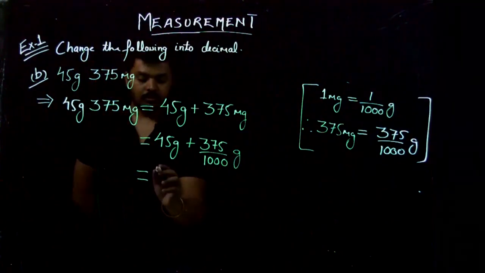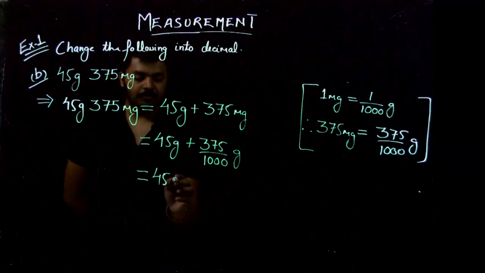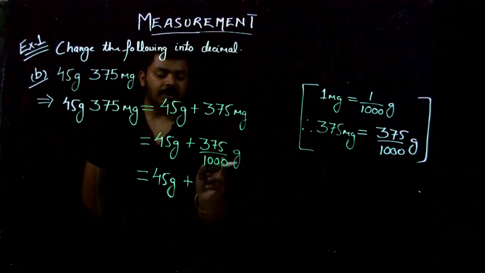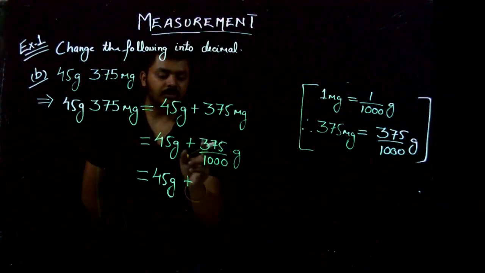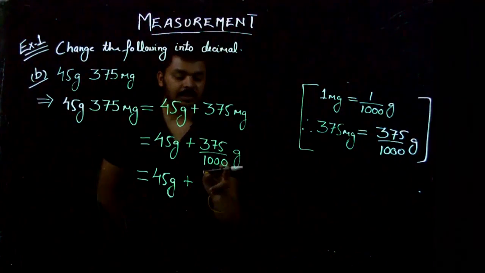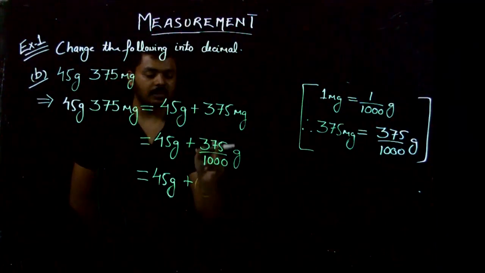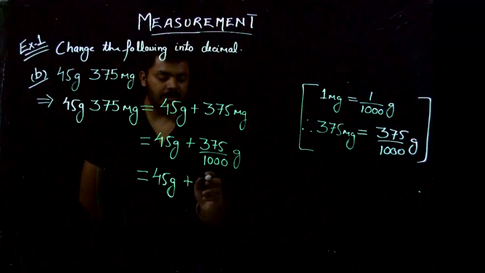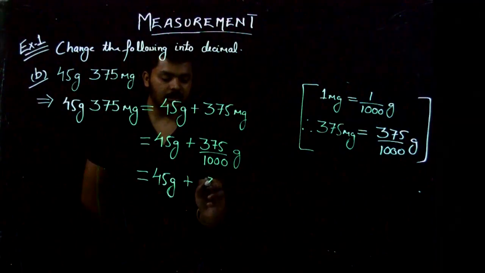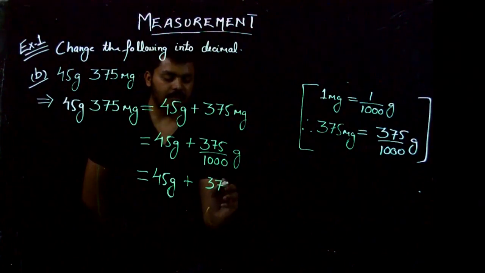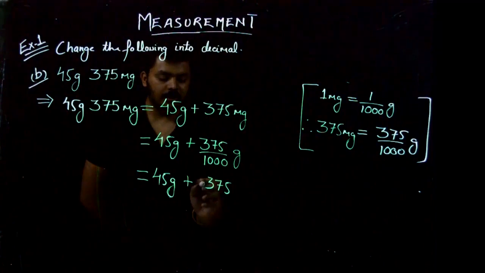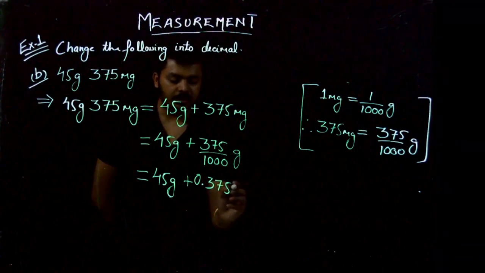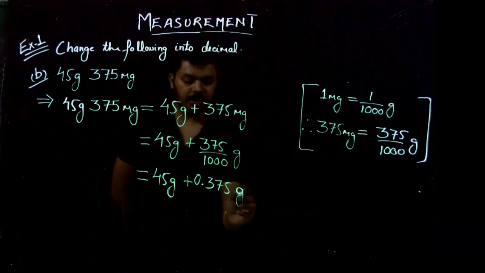Now 45 gram plus 375 upon 1000. Changing it into decimal form, since there are 3 zeros in 1000, placing the decimal before 3 digits, that is 375, 1, 2, 3 and decimal here, 0.375 gram.